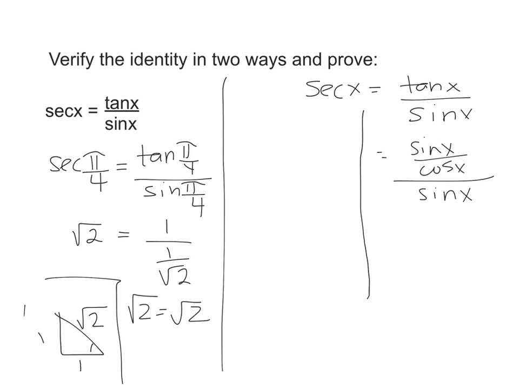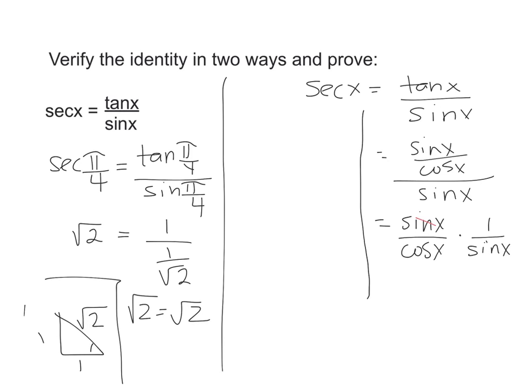Now I'm going to do just an algebraic simplification. Sine x over cosine x divided by sine x, which comes out to 1 over cosine x. I'll just write out how we get there. So it's sine x over cosine x multiplied by 1 over sine x, right? It's dividing by sine x, so multiplied by the reciprocal.